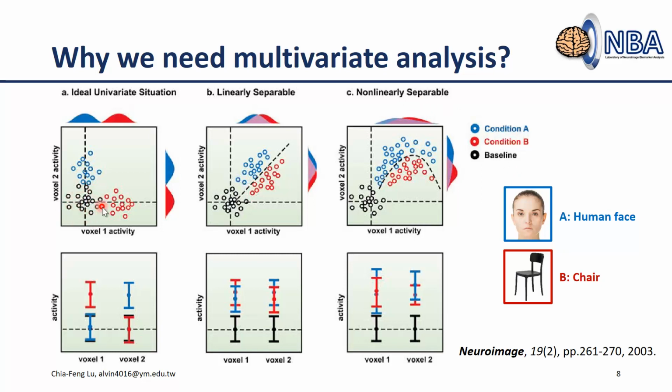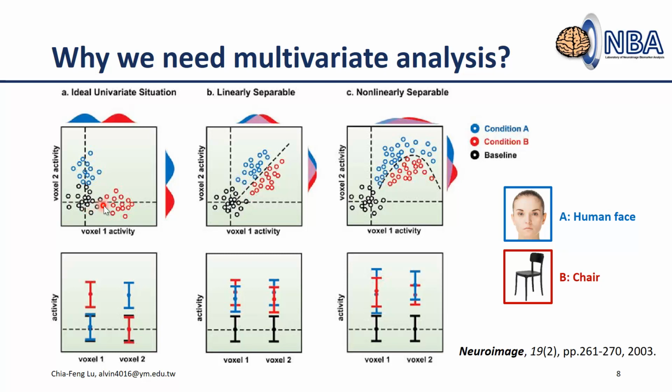As this reference or baseline point, you can see this kind of baseline stimuli didn't induce any voxel 1 or voxel 2 activity, so the activity is pretty low on both axes.